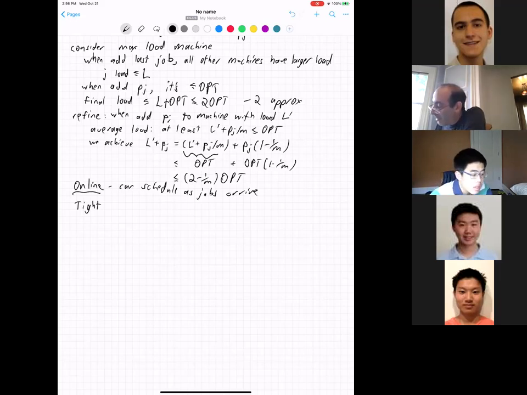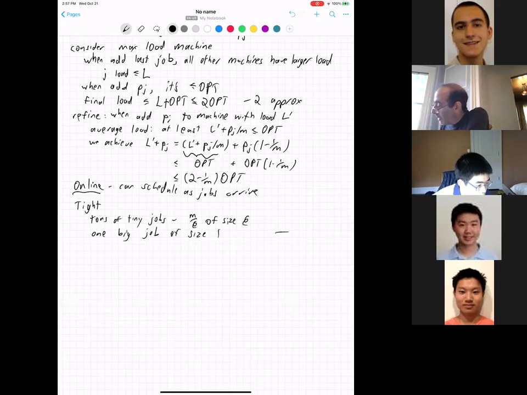Exactly. So what we'll do is we'll put in tons of tiny jobs, roughly m over epsilon jobs of size epsilon, and then one big job of size 1.